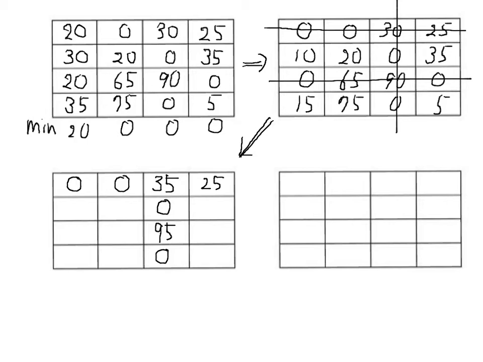Second row, you've got 10 and 20, so subtracting 5 from each: 5, 15, and 30. Next row, I'm just going to copy the next one, 65, and 0. The bottom one, subtracting 5, so that's 10, 70, and 0.